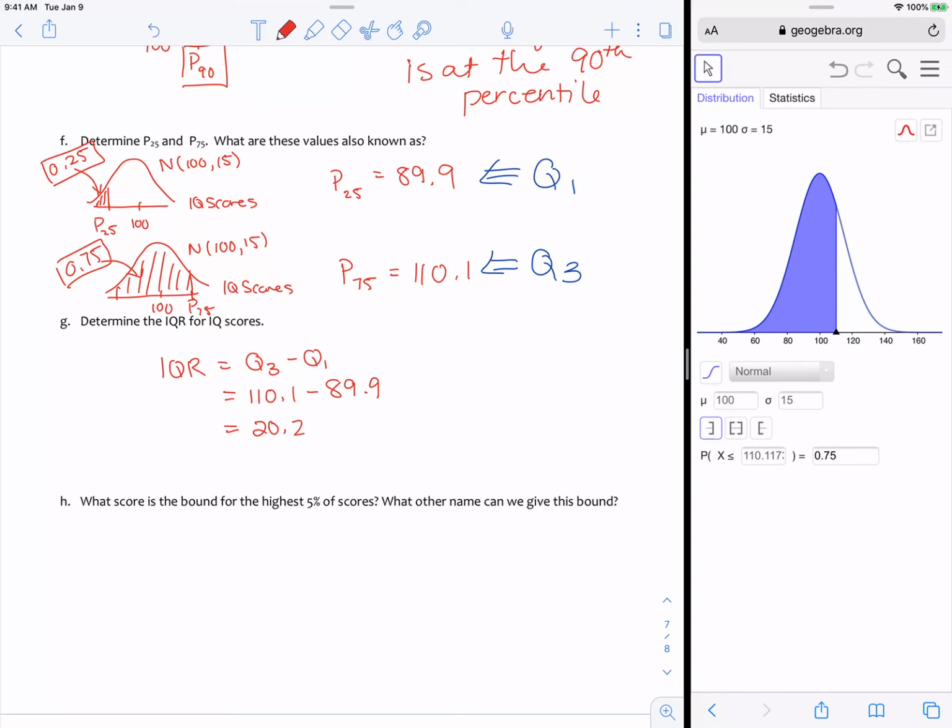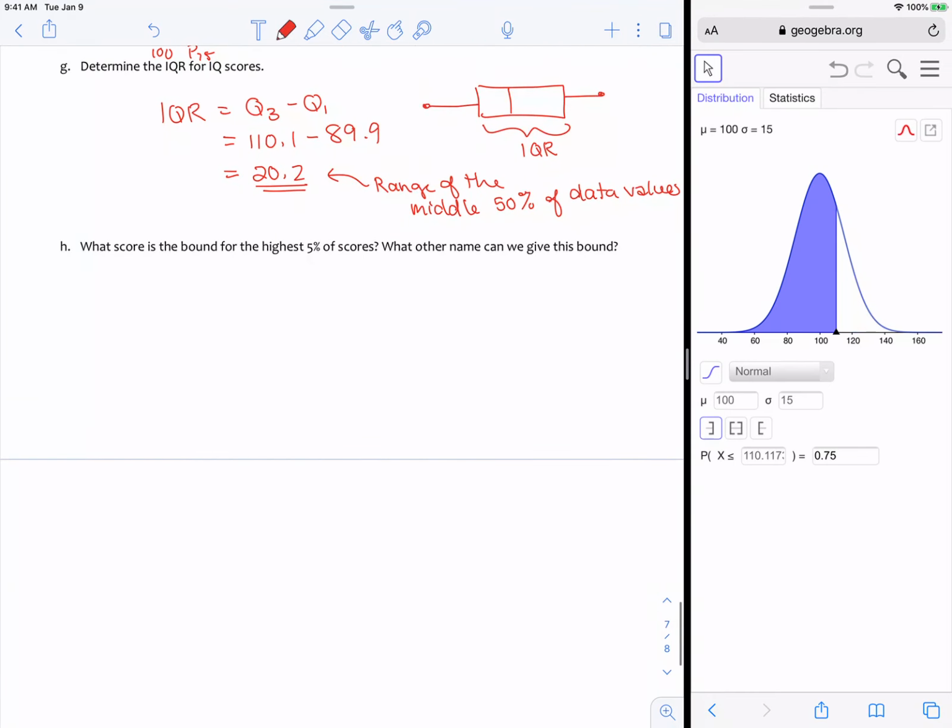And remember that what we have found is the width of the box of our box and whisker plot. So this is the IQR. That is the range of the middle 50% of data values. Okay, that's what our IQR stands for.